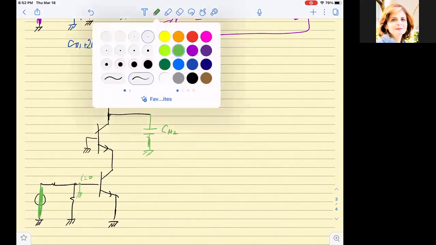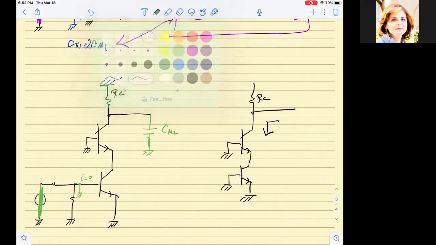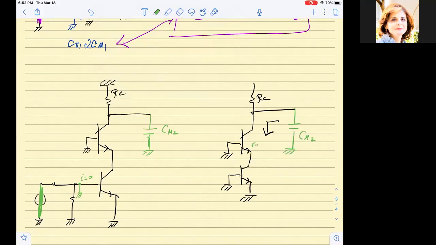So the effective circuit is really looking down at two BJTs whose bases are grounded, and looking up to RC. Okay, this is a cascode, and this is C mu2, but this is a cascode with RO tending to infinity.